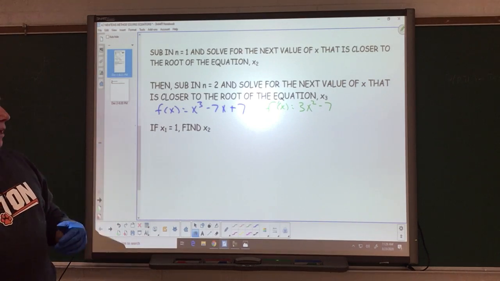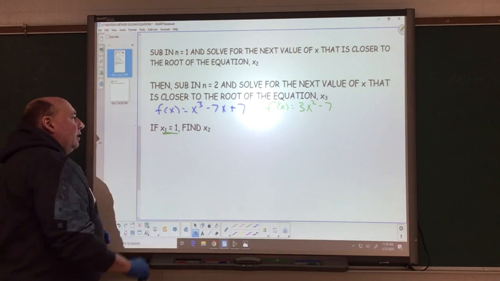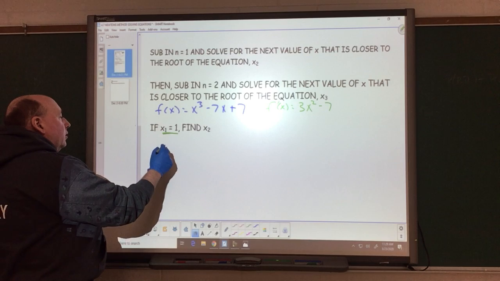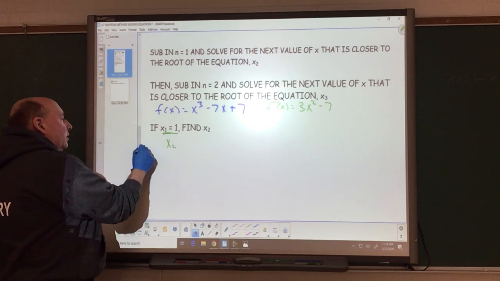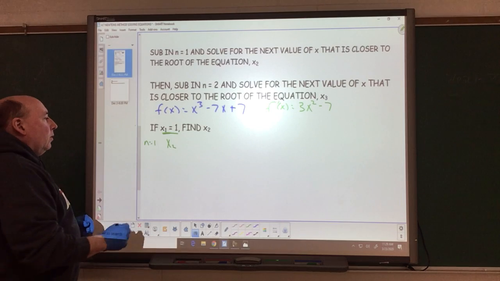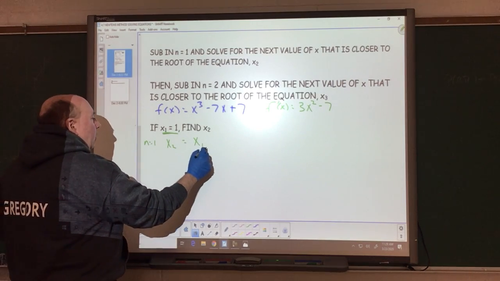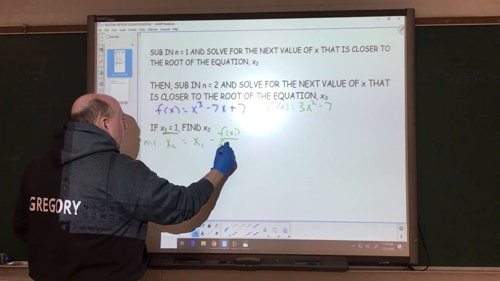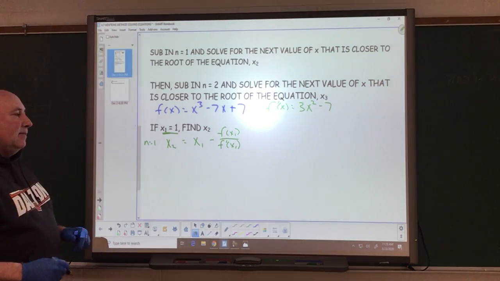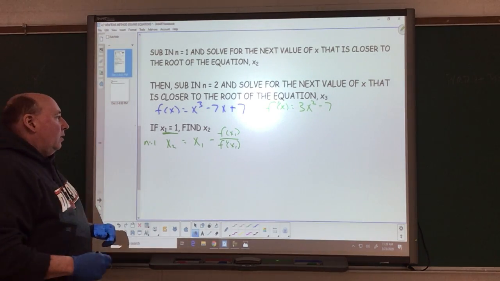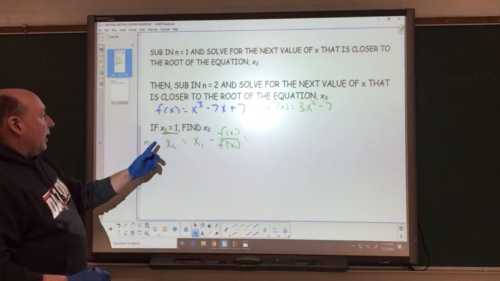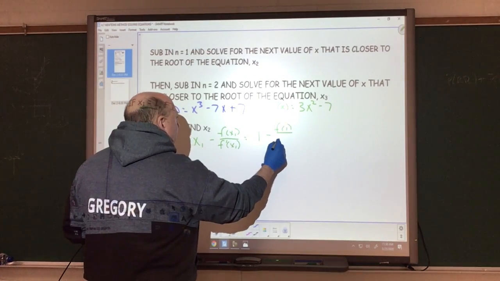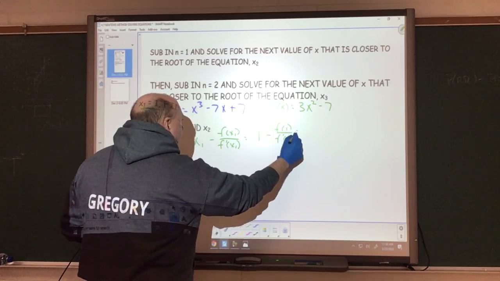So what we're going to do is calculate, using x1, our first initial guess, to be the value of 1. So to find x2, this is n equal to 1, we have to take x1 minus our function value at x1 divided by the derivative at x1, which would be x1 is the value of 1, minus our function value at 1 over the derivative at 1.